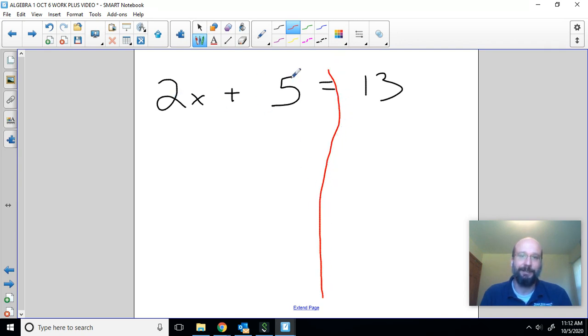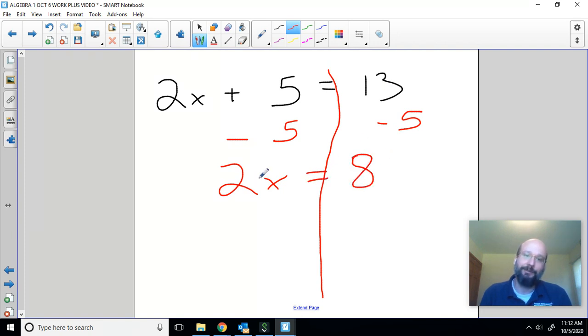We have 2 times x plus 5 equals 13. We're trying to get x by itself. That's our goal. So we need to move this 2 and we need to move the 5. The first thing we're going to move is this plus 5, because the opposite of plus 5 is minus 5. So then on this side we have 2x, and on this side we have 8.